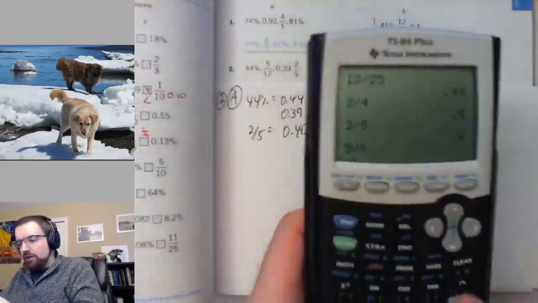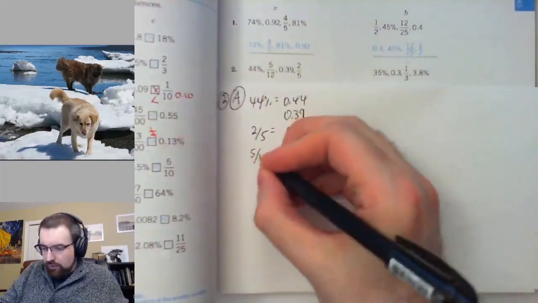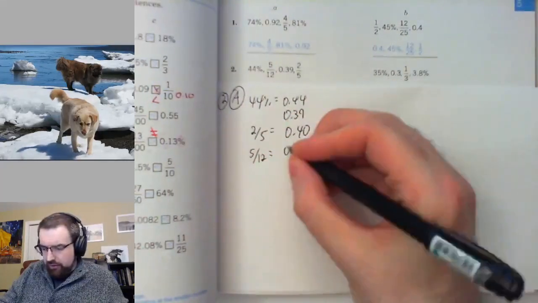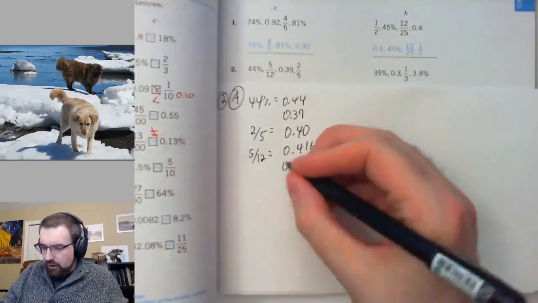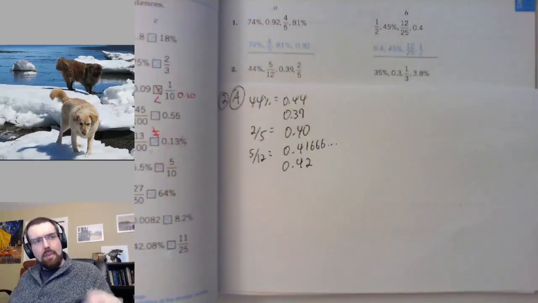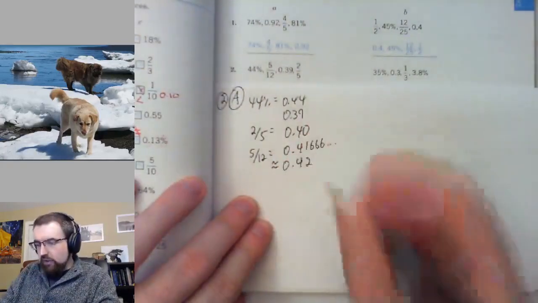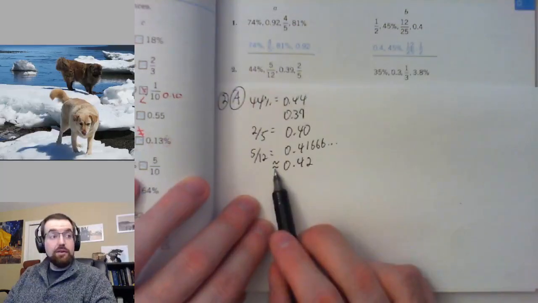Right, and now 5 over 12, we just do 5 over 12 in the calculator, and we get 0.41666 and so on, or I'm just going to call it 0.42, just to round it to the same number of decimal places. And this symbol here means approximately equal to.